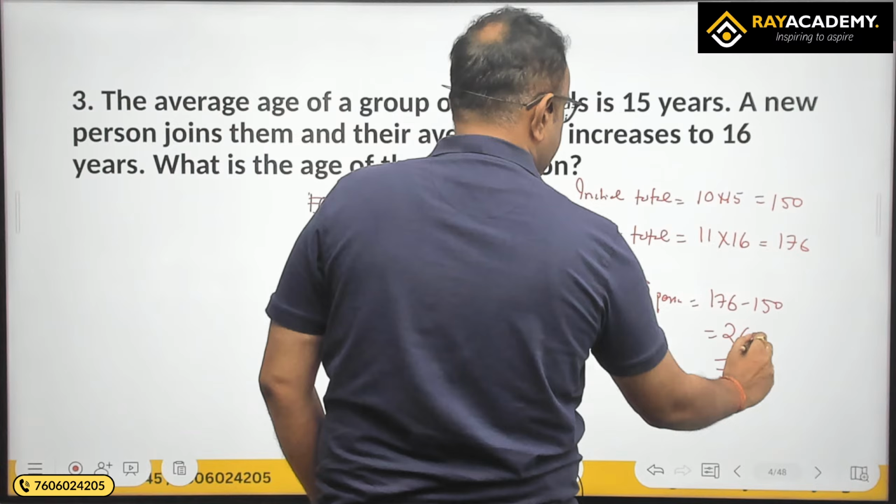So let's say test 1 plus test 2 plus test 3 plus test 4 plus test 5 plus test 6. The total of the first 6 tests will be 6 into 54. So this will give you 324.